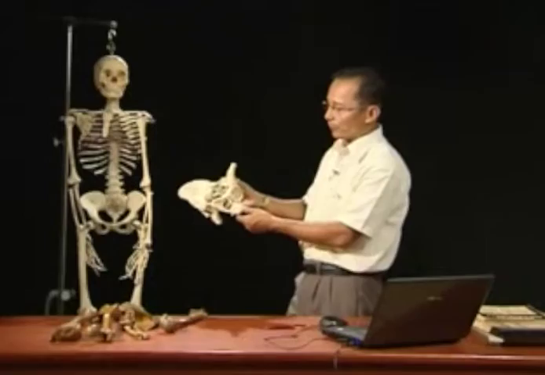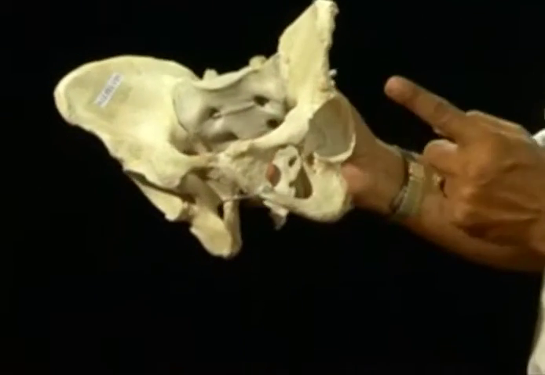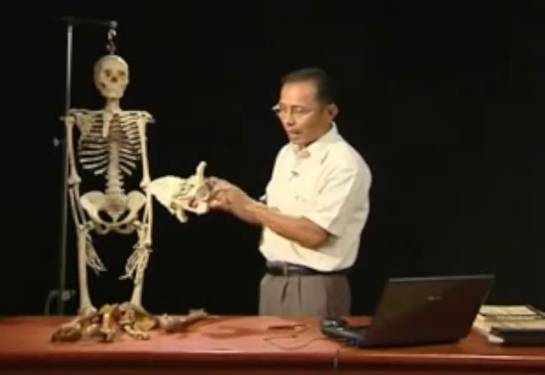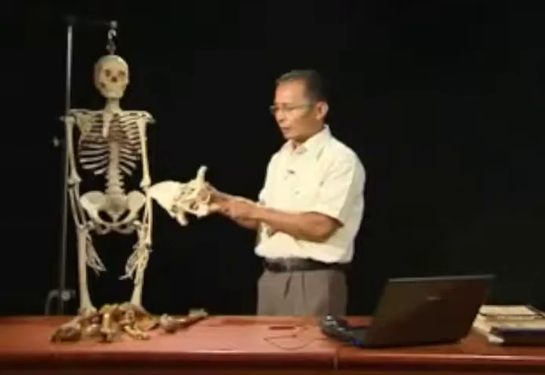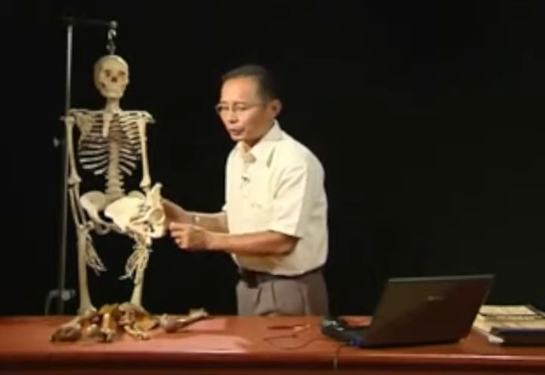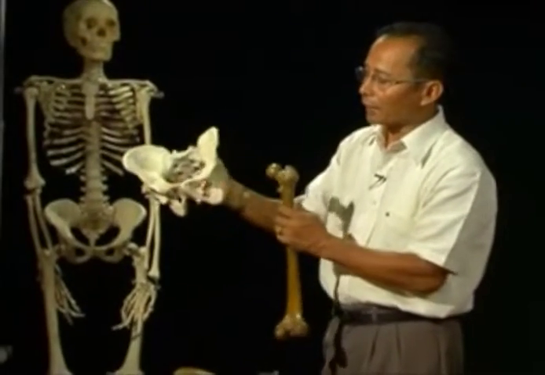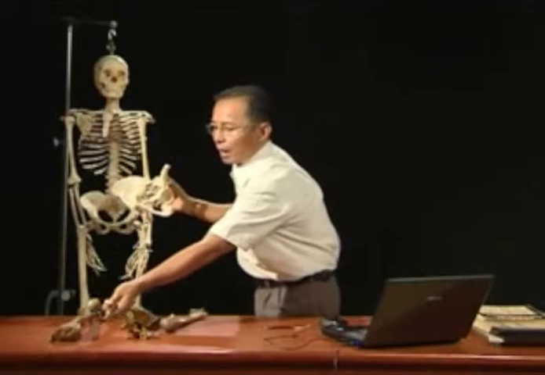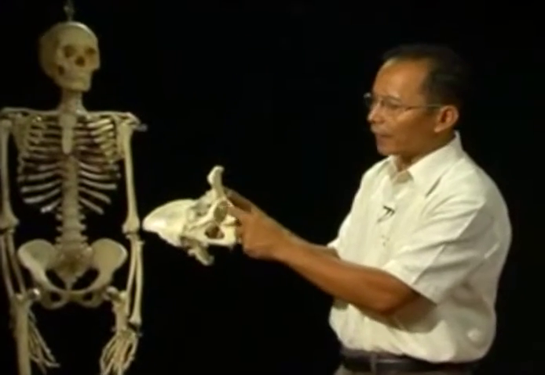Now let us come to the acetabulum. It is a hemispherical cavity, half of a sphere, formed by fusion of ilium, ischium, and pubis, through which the head of the femur articulates. See, the head of the femur articulates inside this acetabulum.